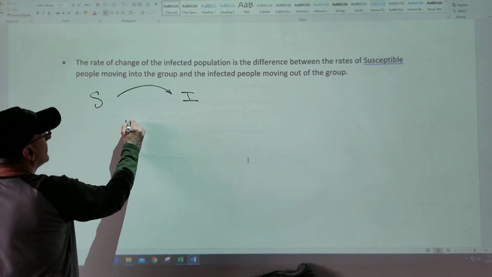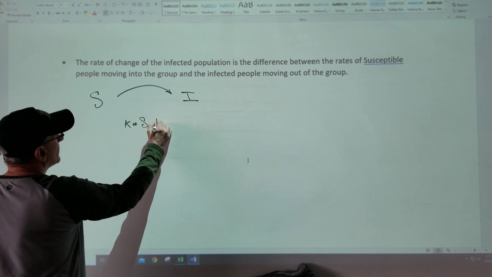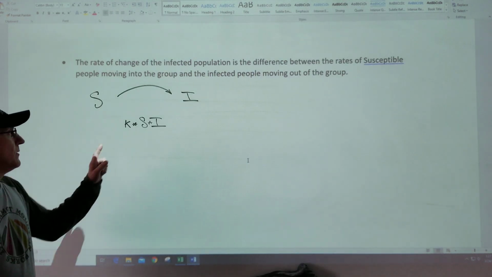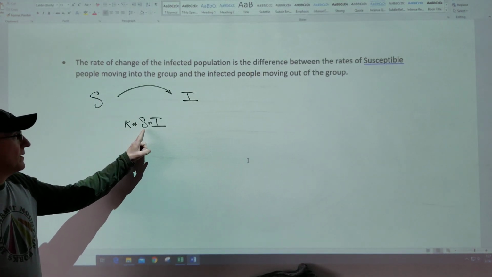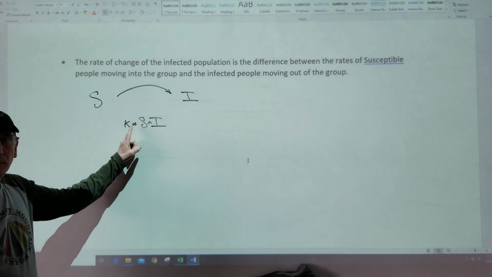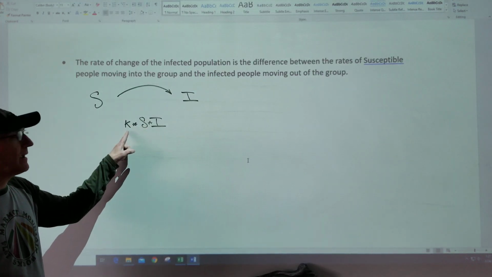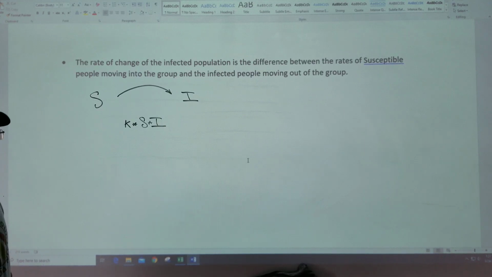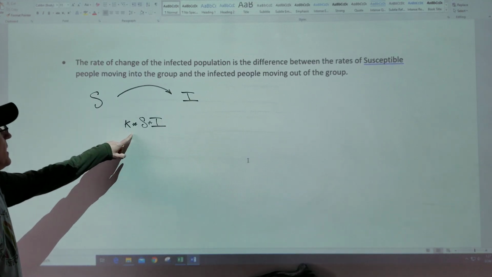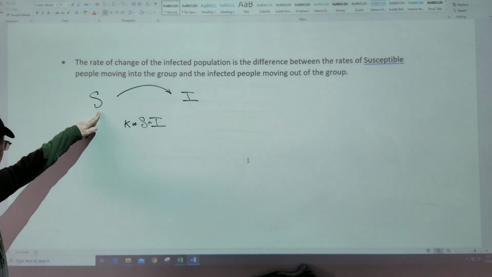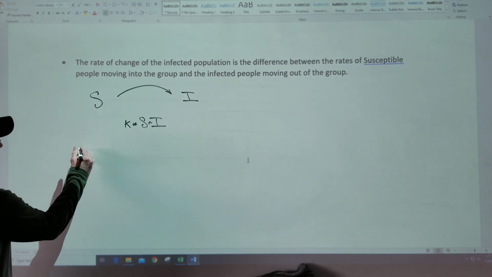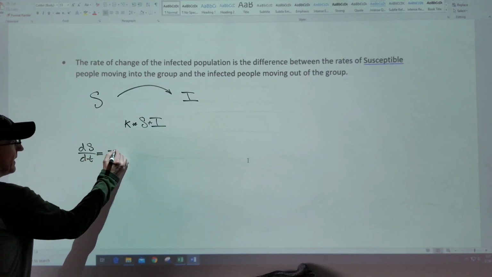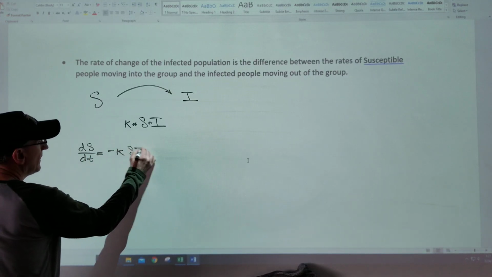Well, it's some constant k times the product of S and I. And I went through a very concrete example of that where we looked at 40 people and we saw how the numbers changed. We used a k value of 5%. So that is the rate of change out of S. But because S is getting smaller, in calculus we would write dS/dt equals negative k S I.